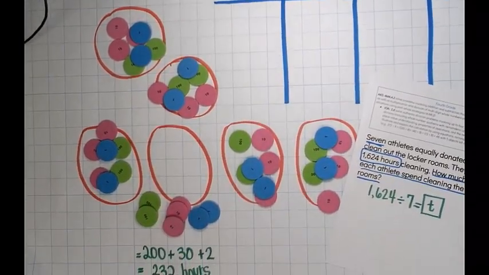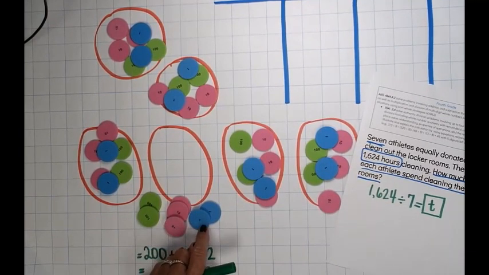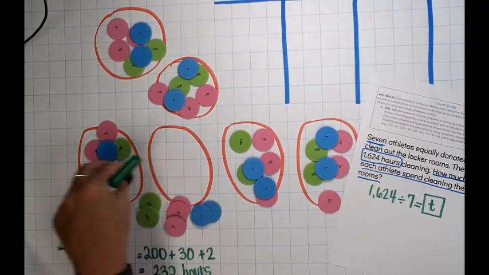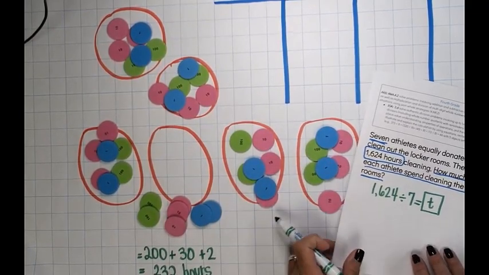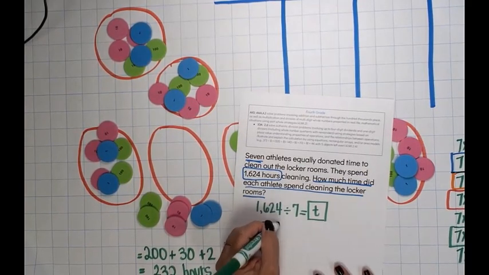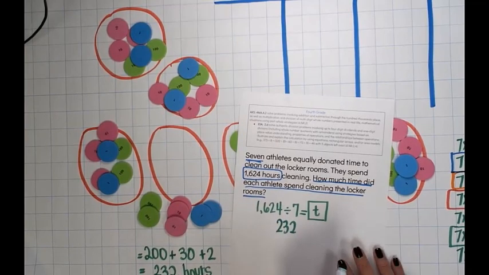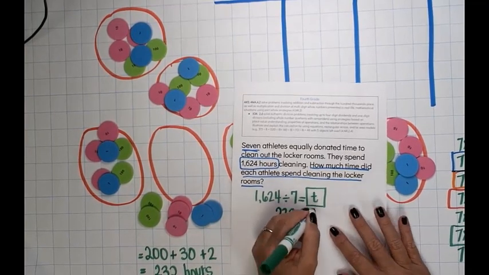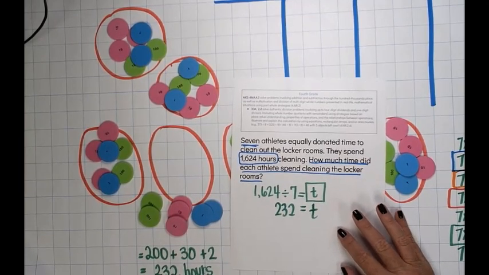When we did that, we found out that there were 232 hours in each one of the circles. Okay? So when I solved 1,624 divided by 7, I found the answer to be 232 is the time that each athlete spent cleaning the locker.